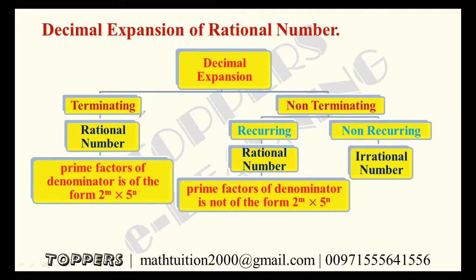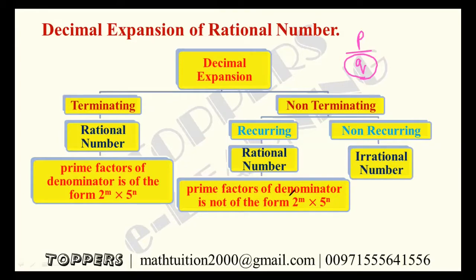When the decimal expansion of a rational number is terminating, how can we check it without doing the division method? We can say that if the prime factors of the denominator are of the form 2 raised to m into 5 raised to n, so it contains only 2, or only 5, or both 2 and 5 in the prime factorization of the denominator, then it comes under terminating decimal expansion.